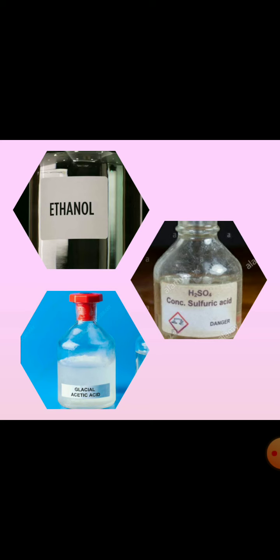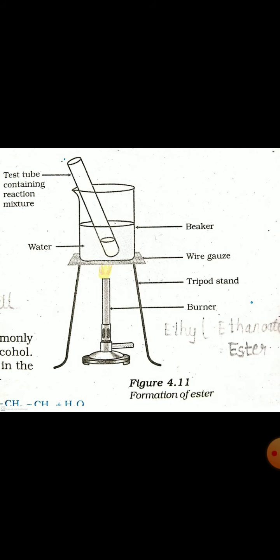So we will need these three things: ethanol, glacial acetic acid and sulfuric acid in a test tube. And as shown in the figure, we have to set up the apparatus.